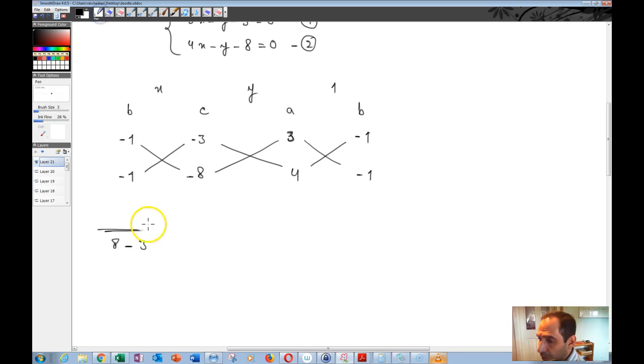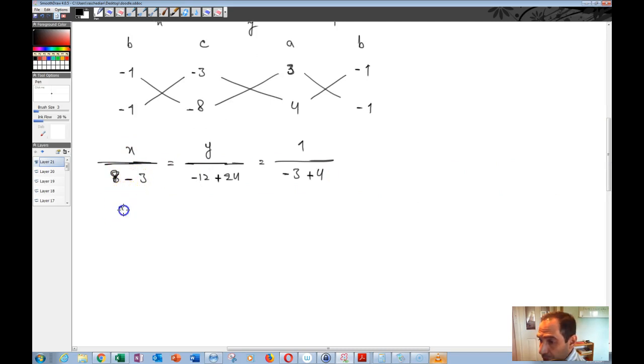So that is x over 8 minus 3 is equal to y over, so that is negative 12 minus negative 24, so plus 24, is equal to 1 over negative 3 minus negative 4, which is plus 4.